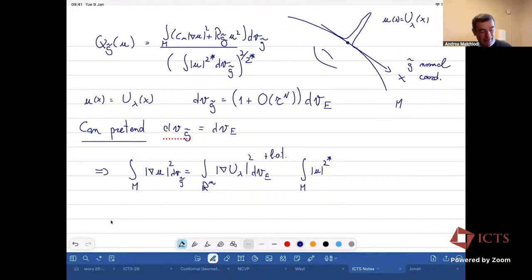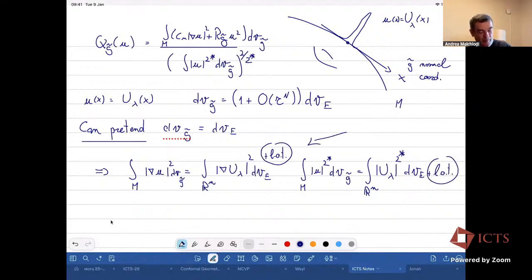And the integral of the 2 star power of u is equal to the integral in Rn of u lambda to the 2 star. It's a positive function, but I take the absolute value, dVe, plus really lower order terms. And these lower order terms are really negligible.